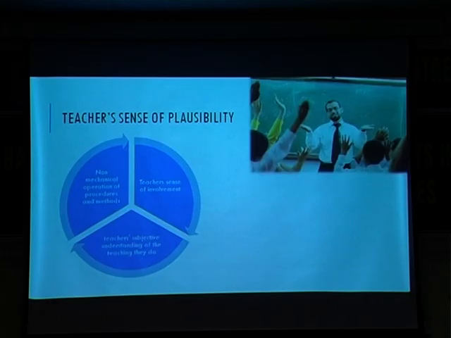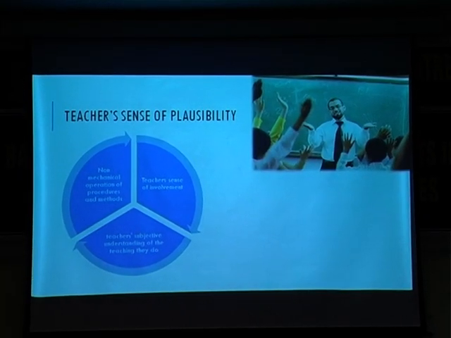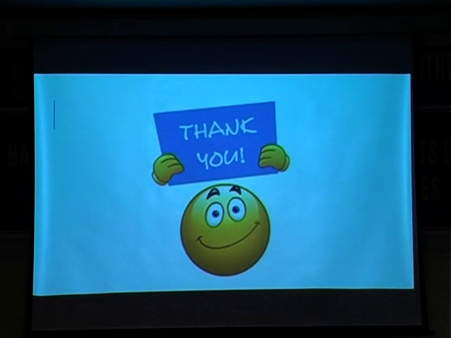That means the teacher's sensibility, the teacher's sense of plausibility. So the conclusion is that there is no best method means every method is best if the teacher is the best, with the best sense of plausibility.